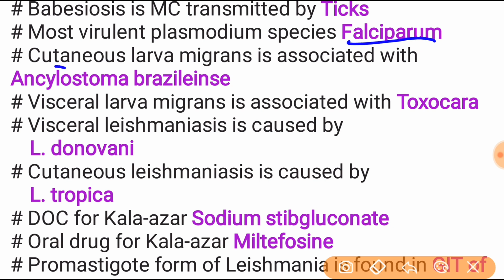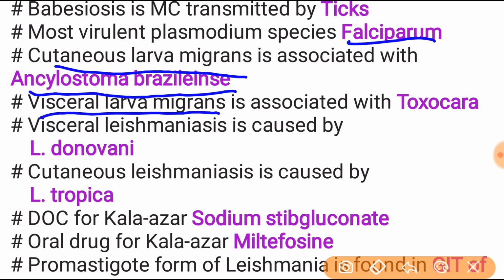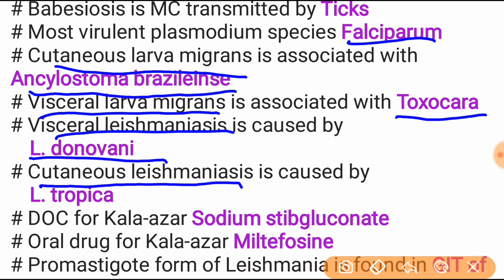Cutaneous larva migrans is associated with Ancylostoma braziliense. Visceral larva migrans is associated with Toxocara. Visceral leishmaniasis is caused by Leishmania donovani, while cutaneous leishmaniasis is caused by Leishmania tropica.